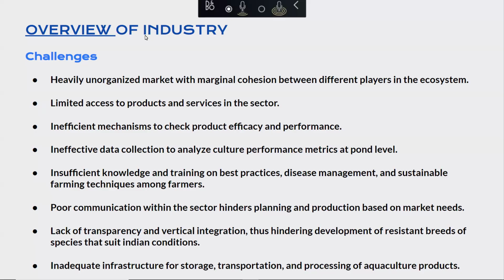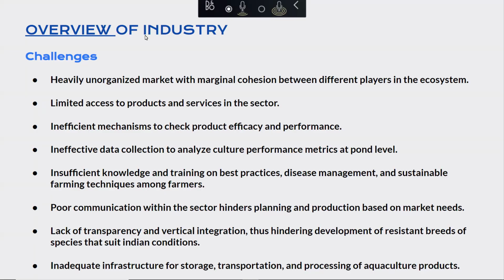In the same way, information on what is happening on the ground, at the farm level, at the hatchery level, how shrimp is performing in certain geographic locations, can be sent to breeders to build more resistant traits or genetics that work for Indian or local conditions.